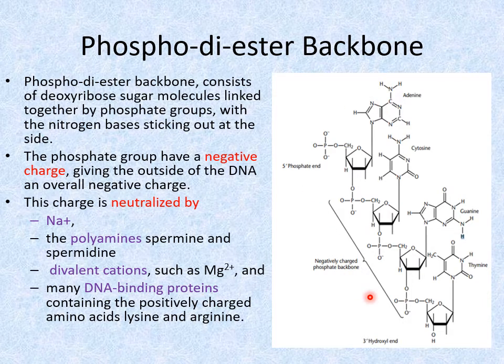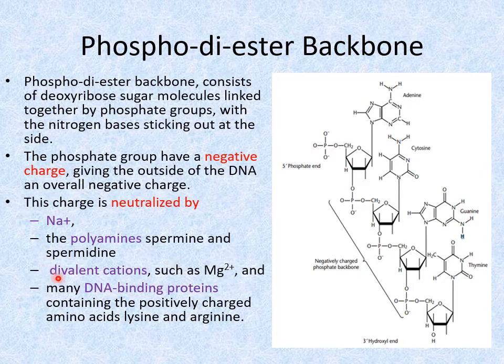And in order to neutralize this negative charge of the DNA molecule, certain ions are made use of, like the sodium ions. Then various polyamines like spermine and spermidine also neutralize the negative charge.